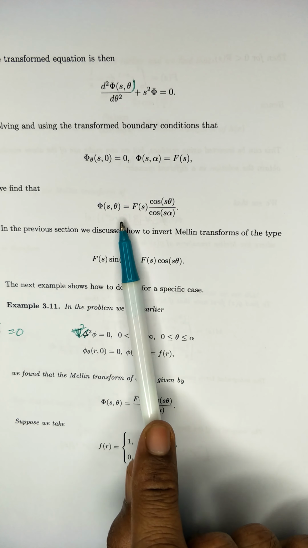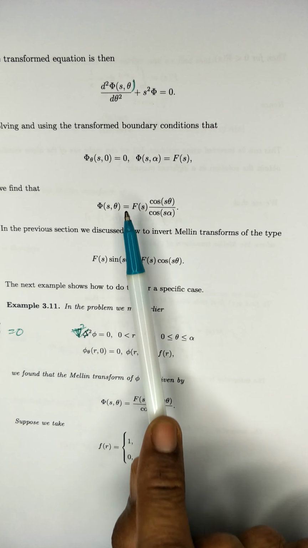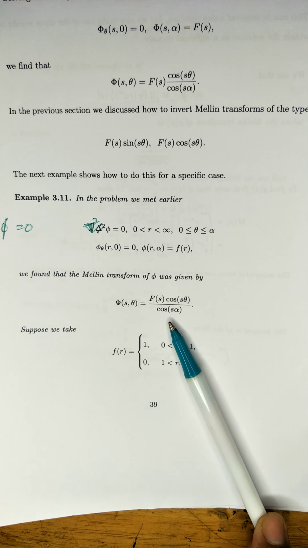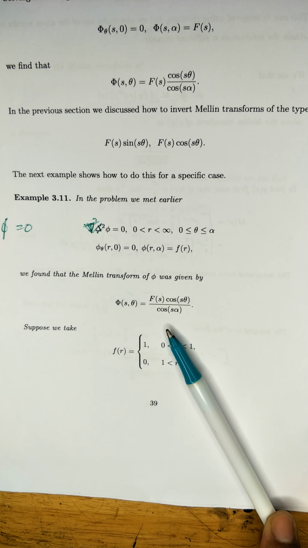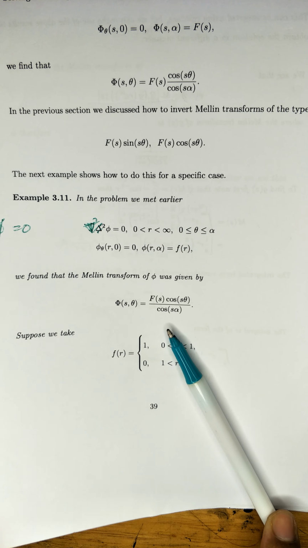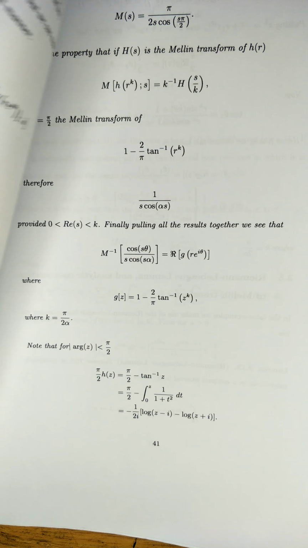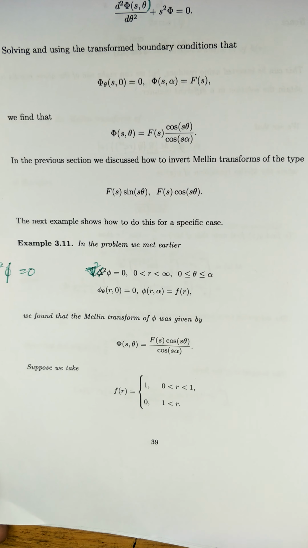The inverse is given in this example, so we can find the inverse of the Mellin transform. For this part, I think I just leave it to you to learn how to do it. The revision is quite long. I don't want to go into that much detail.